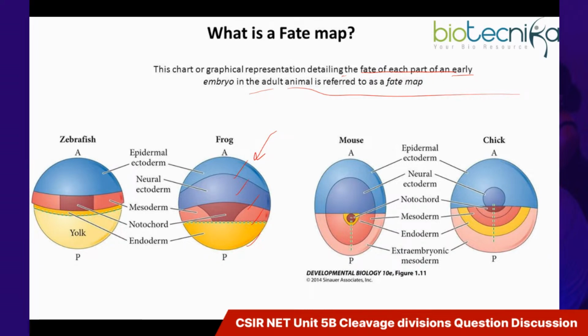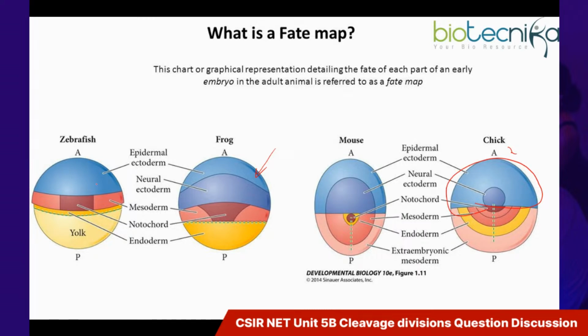Now we know that several germ layers are formed, that is the outer germ layer ectoderm, the inner germ layer endoderm, and in the middle you have the mesoderm. So this outer layer is in blue color. This is happening in all the organisms. So this ectoderm is given by blue color. Wherever this blue color is formed, like in chick, this complete outer part becomes the ectoderm.